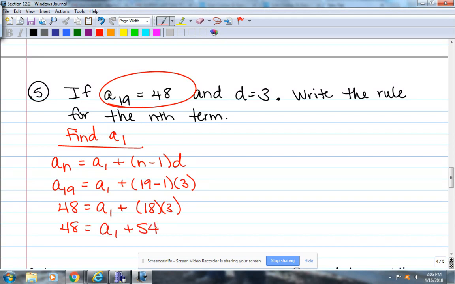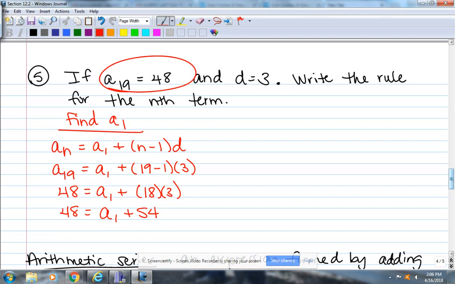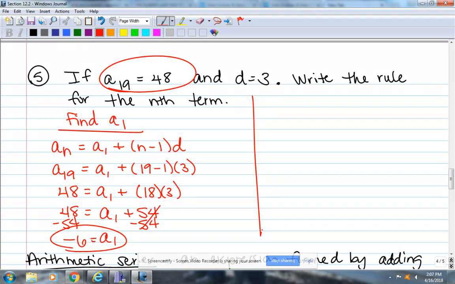Now, how do I get a sub 1 by itself? Subtract 54 on each side. And 48 minus 54 is what? Negative 6. Very good. So our first term is negative 6. So after I found my leading term, now I can write my rule. And that's when you leave n's alone. You leave n's to be n's.